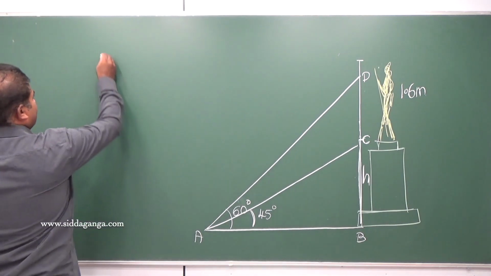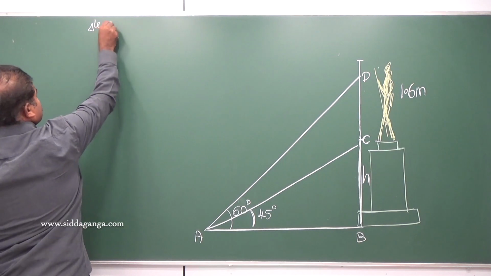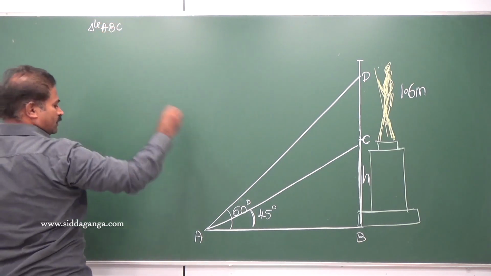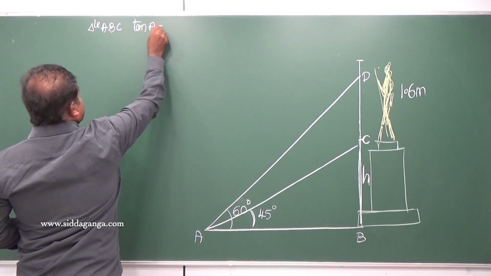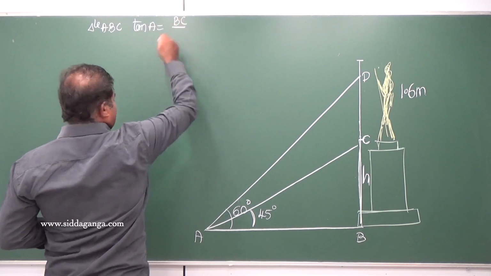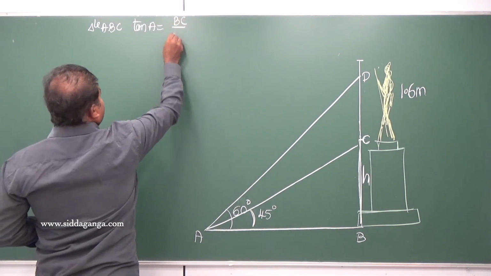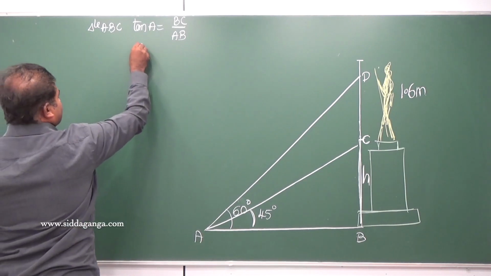Now in triangle ABC, you can go for tan A. So tan A is equal to the opposite side BC divided by the adjacent side AB. So tan A is 45 degree.